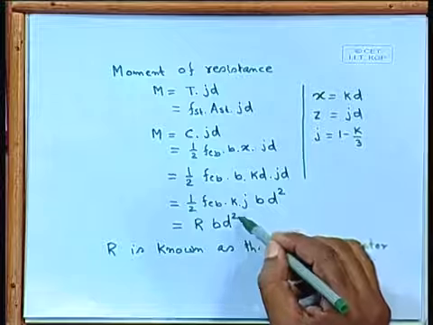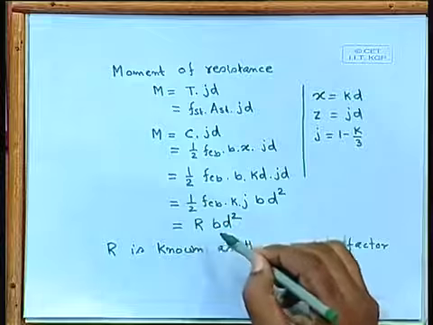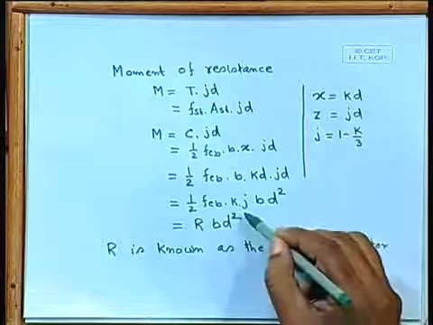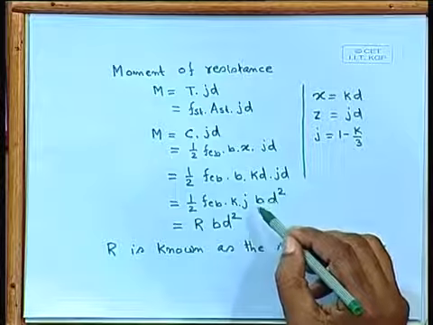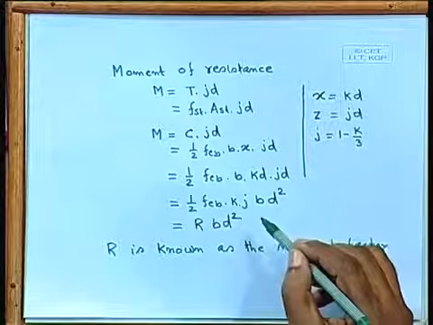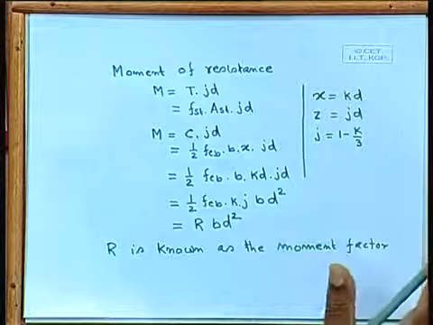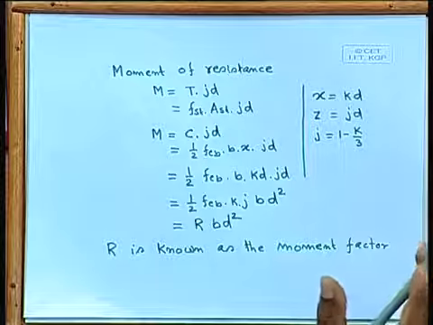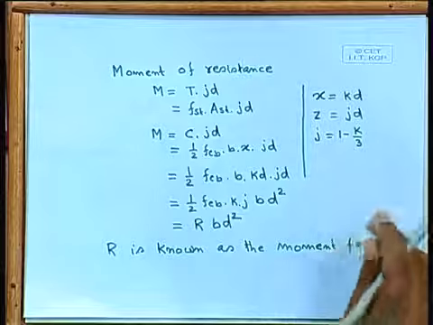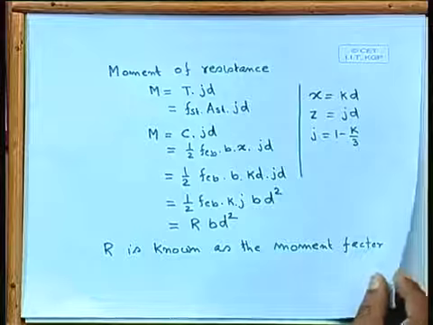This R is dependent on fc, and also on k and j. So we can find the moment of resistance of a section. If we can find k and j, we can get the moment of resistance, and we can check whether the section can take the load applied on that particular beam. So that way the moment of resistance is very, very important.